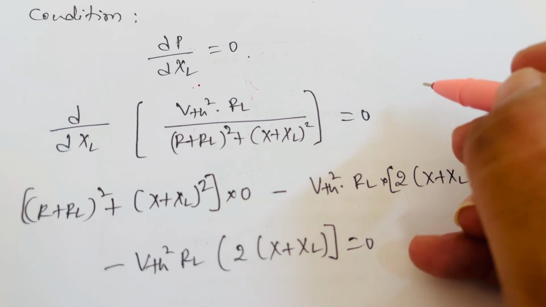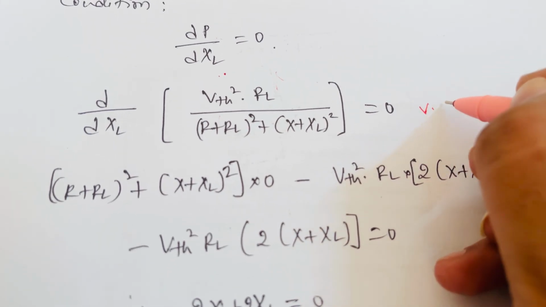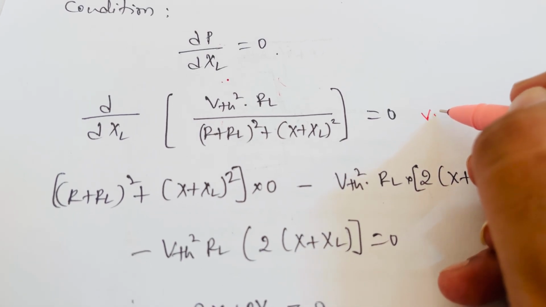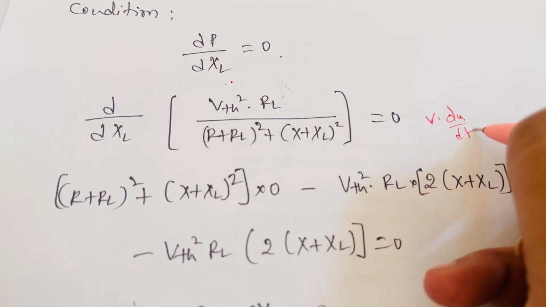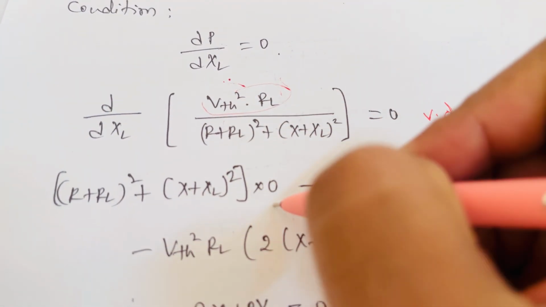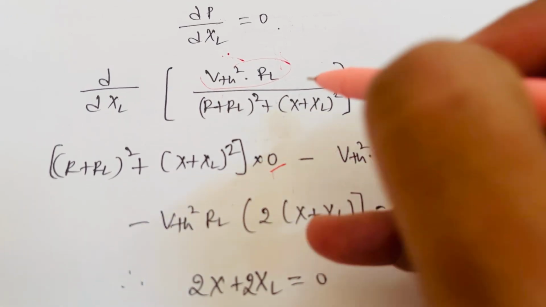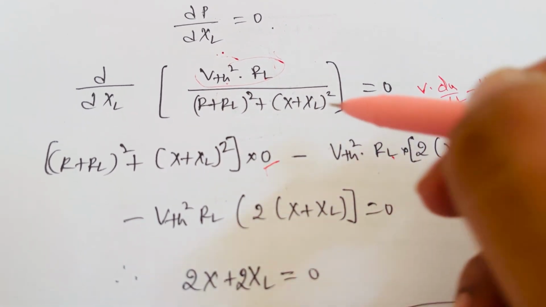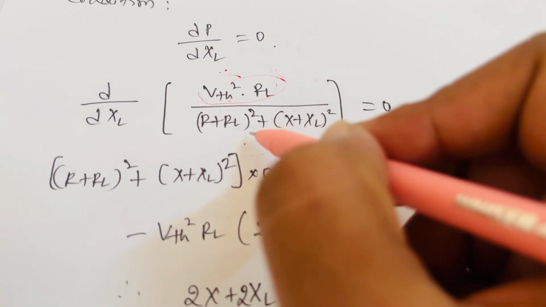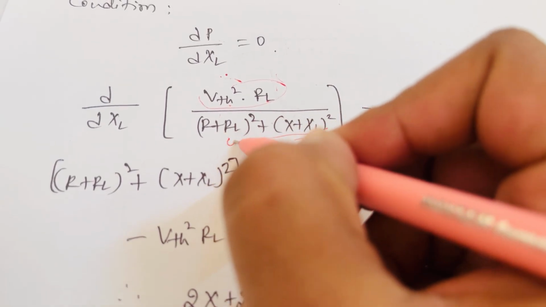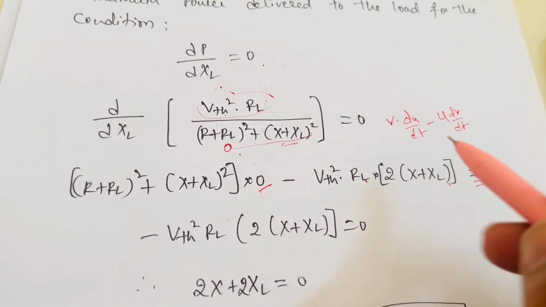Again you are using the u by v rule, so v into du by dXL, v you will be writing as it is, differentiating this term with respect to XL, that is 0, minus u, that is nothing but VTH square into RL, into dv by dXL, differentiating this term with respect to XL, so 2 into (x plus XL), equals 0.